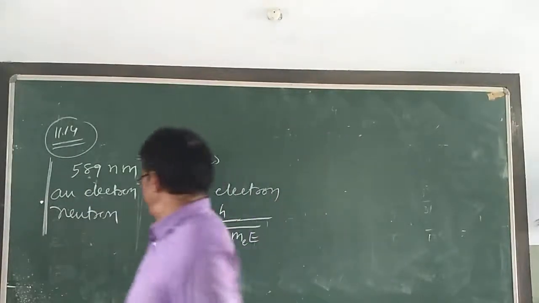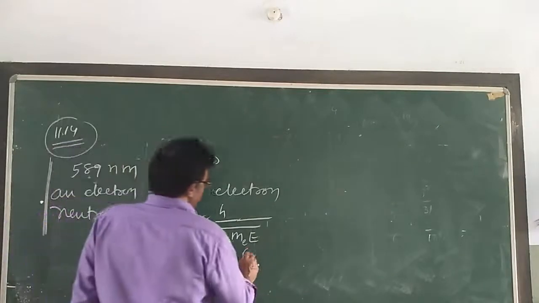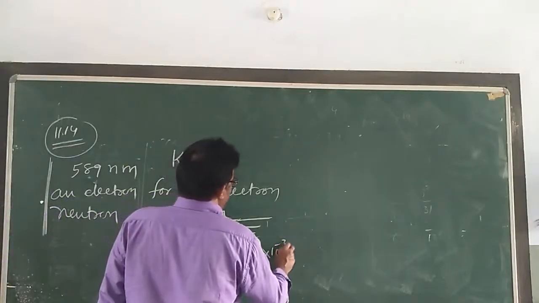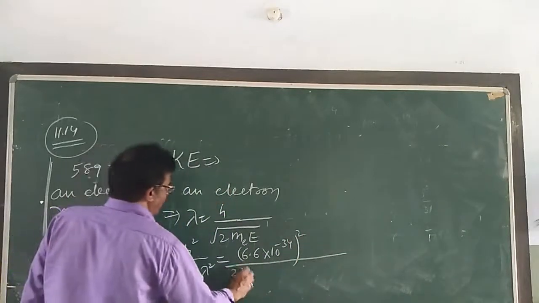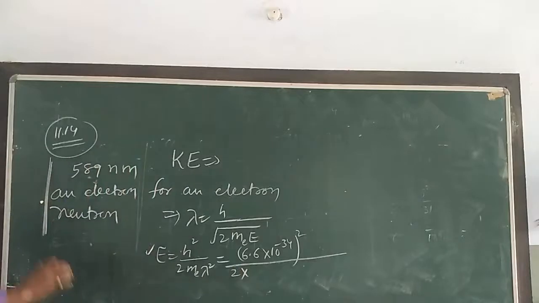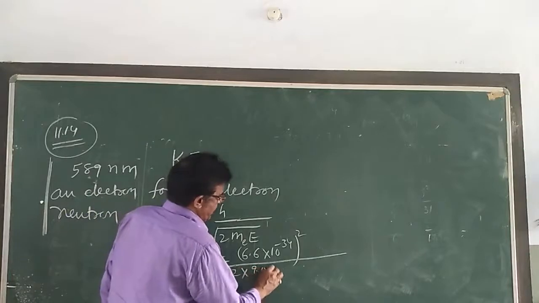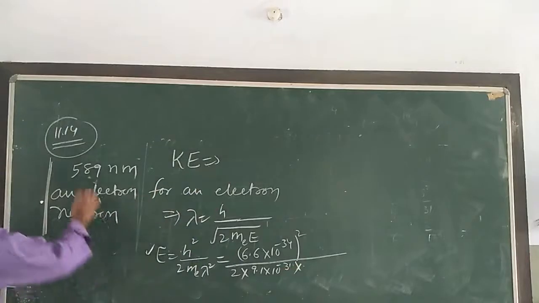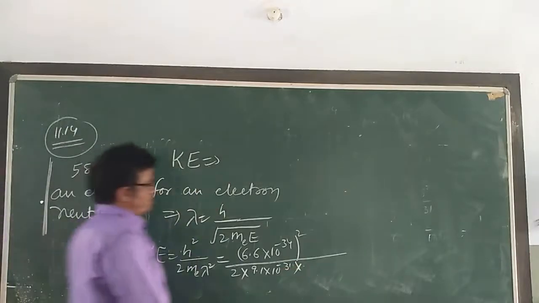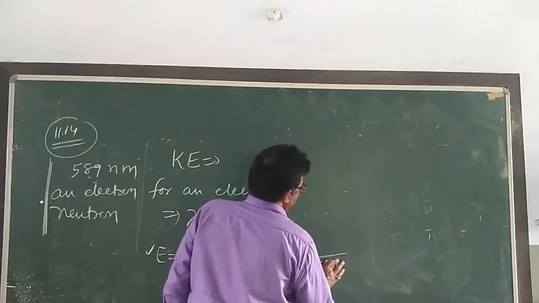Okay, now put the values. 6.6 into 10 raised to power minus 34 का whole square divided by twice of mass of electron. Mass of electron, that is 9.1 into 10 raised to power minus 31 into lambda. लैम्डा आपको दिया हो 589 into 10 raised to power minus 9, क्योंकि नैनोमीटर है ये.